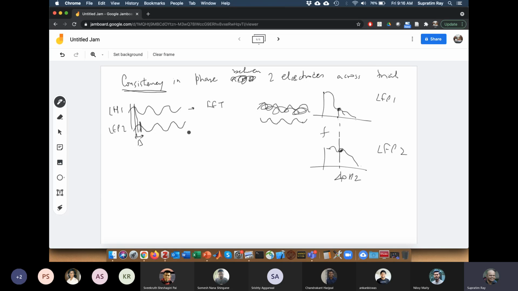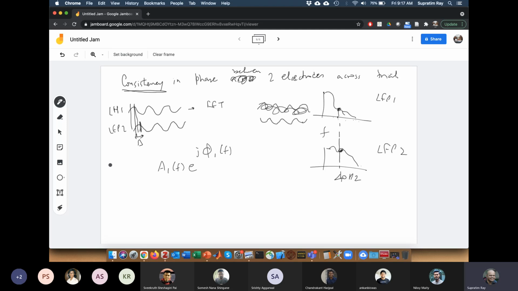So think about the 40 hertz component. For LFP1, the signal is a complex number. So you can think of it as some amplitude and some phase. Both of these are functions of frequency. At each frequency, it's a complex number, so I'm writing it down as amplitude and phase.